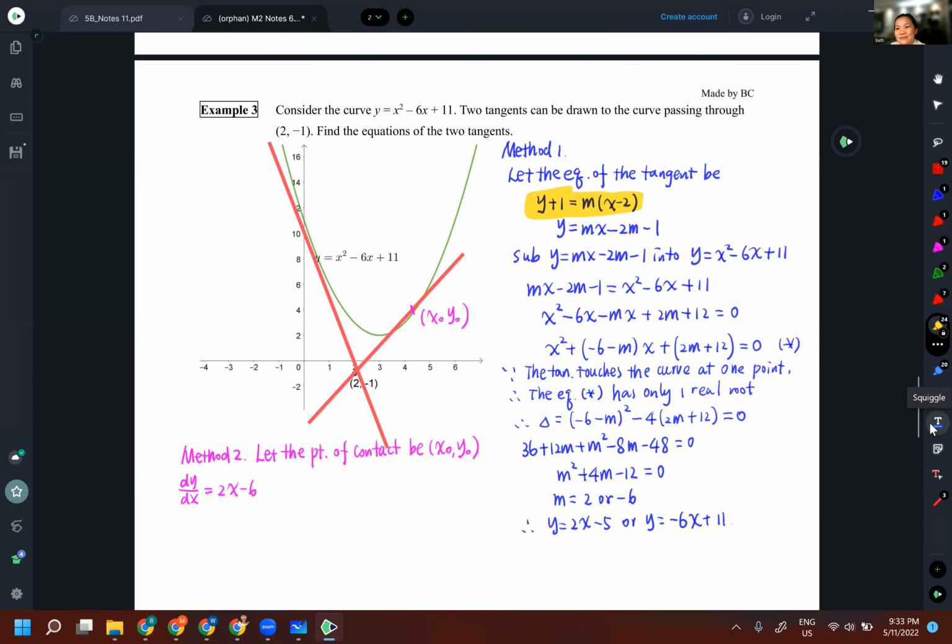Sorry, am I wrong on that? Are you wrong? You think that this equation can only apply when (2, -1) is on the curve. Is it true?